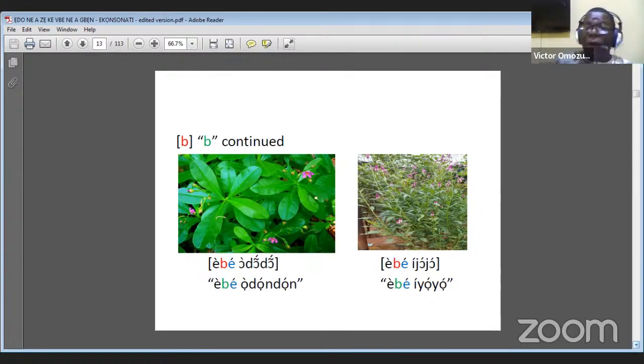And that is why we advocate that when you are writing Edo, you must write the full form. The full form here is ebe or dondo. But when people are talking in rapid speech, they say ebo dondo because the A has been elided.